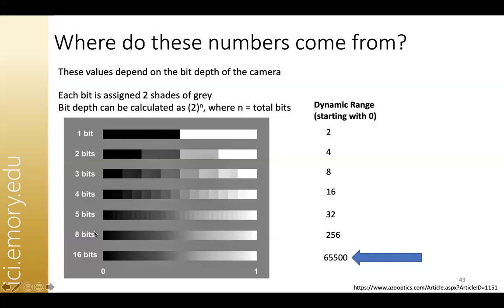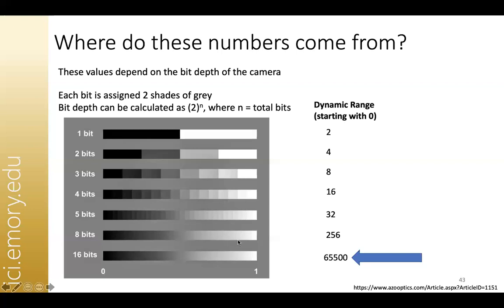Now, when we compare 8-bit and 16-bit, those dynamic ranges look very similar to you. That's because the screen that we are looking at these images on is 8-bit in nature, okay? Hence, the shades of grays look very similar to you.